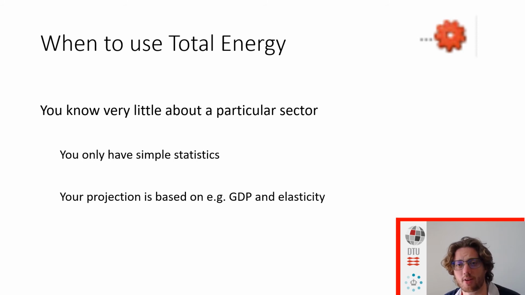Otherwise, you could, for instance, have some kind of measure in your system that shows how much urban housing is developing in your area, and have a more complex way of analyzing that, and then using that as a method with total energy to project your construction energy consumption, for instance. But again, only if you have very simple sectors and you don't know very much. Otherwise, it's not recommended to use.